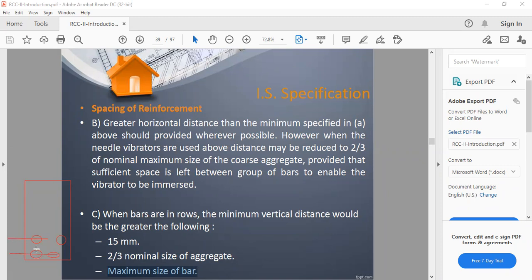What should be the vertical distance? In that case, you have to first consider this 15 mm, and then two-thirds nominal size of aggregate or the maximum size of the bar. Sometimes you may use a bar like this, suppose there is a bar of, say, 10 mm or 12 mm. So 12 mm is the maximum size, and accordingly you have to provide it.